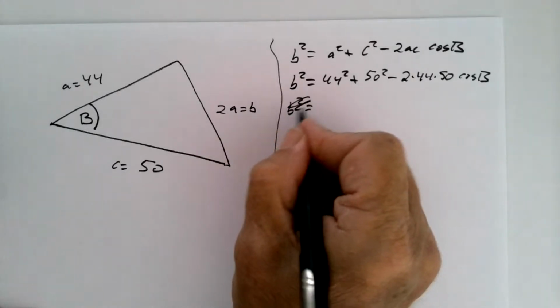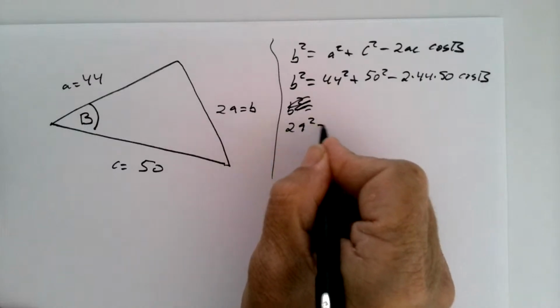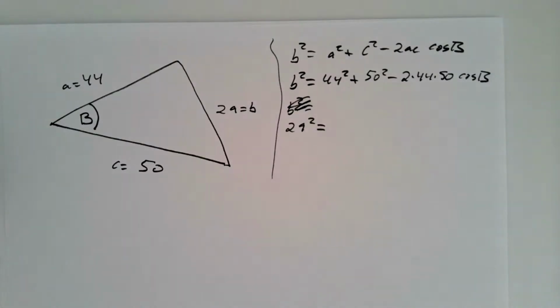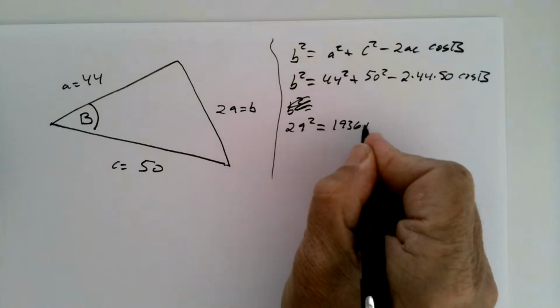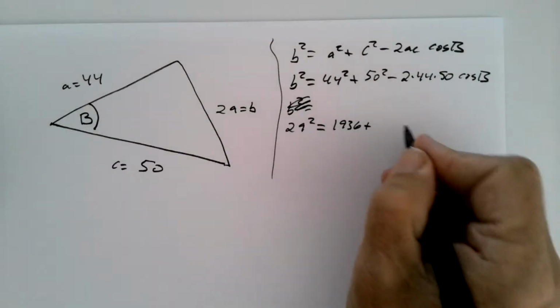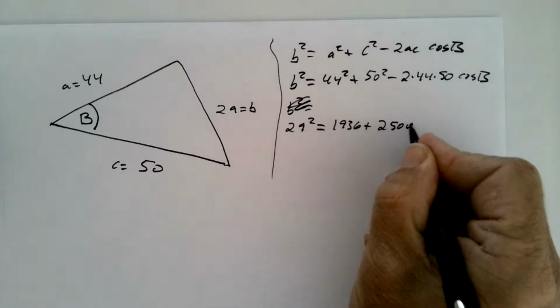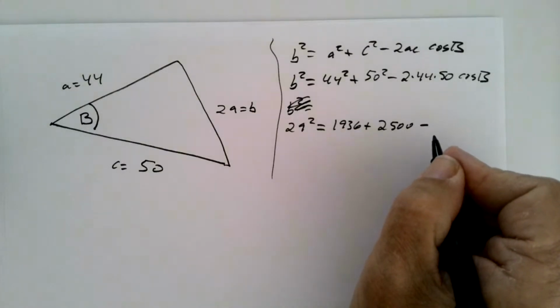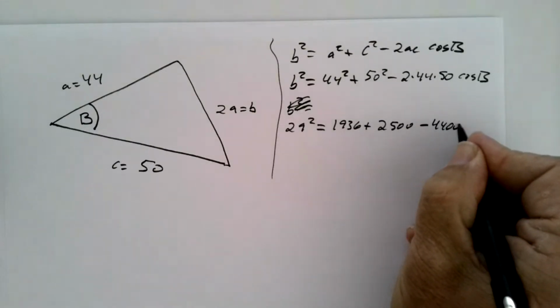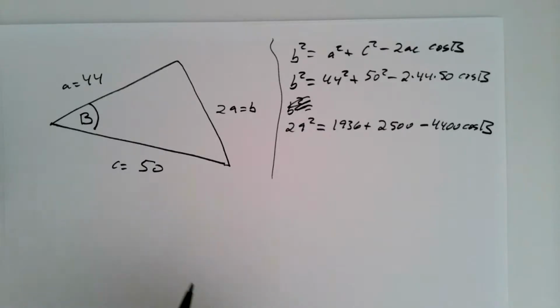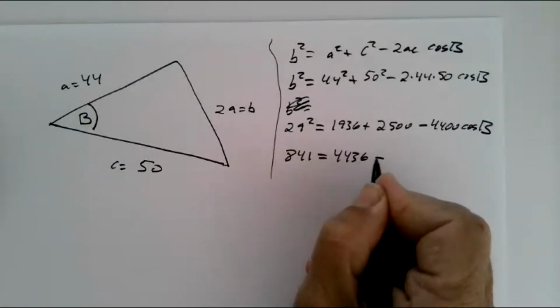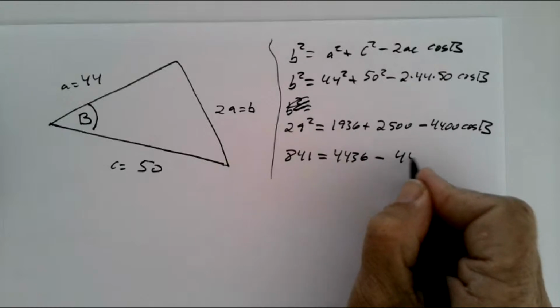So I get b squared, which is 29 squared. 29 squared is 841, plus 50 squared, 2500, minus 2 times 44 times 50, 4400 cos b. So we get 841 minus 4400 cos b.